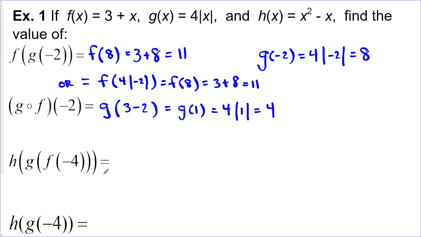Let's do this one. Now we've got triple layered. So we've got h, g, and f at -4. So here's f at -4.